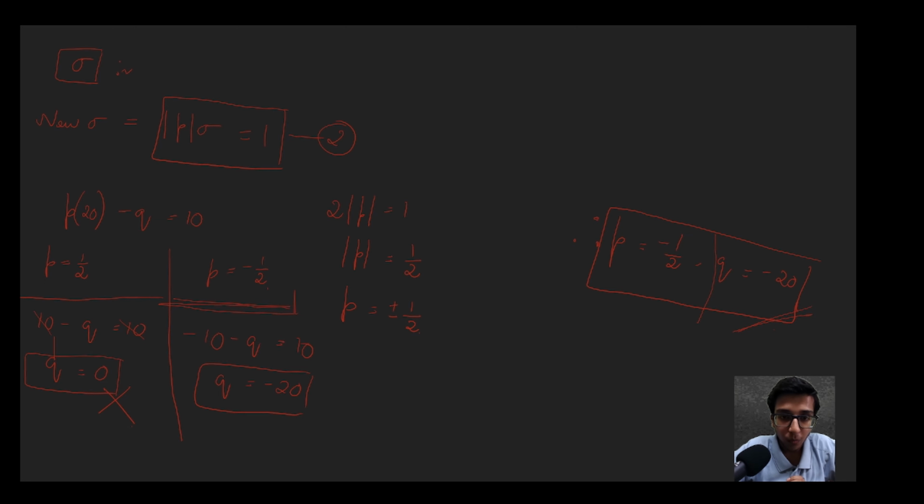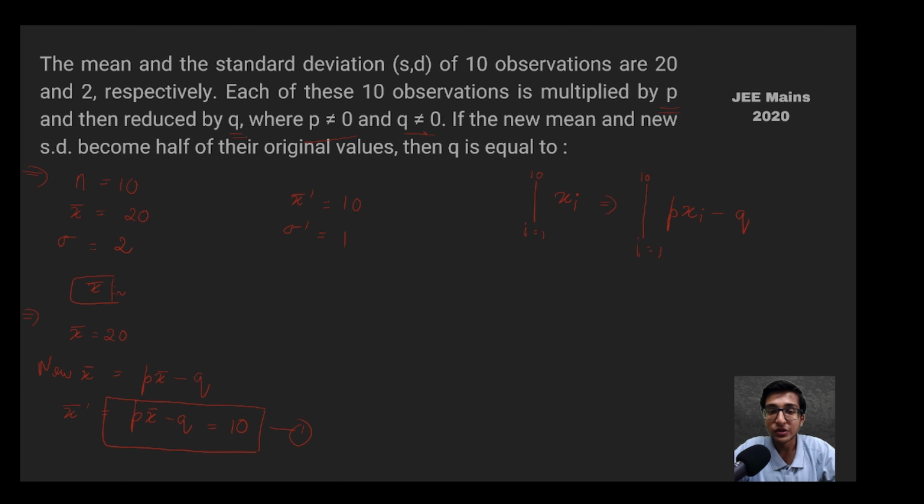One major thing that you learned from this question was to always try to read the question in a complete manner, because no information provided in the question is going to go vague without any use. For example, here p is not equal to 0, q is not equal to 0. At first glance you think this is just a waste of information.